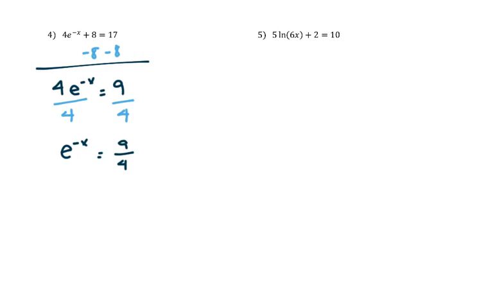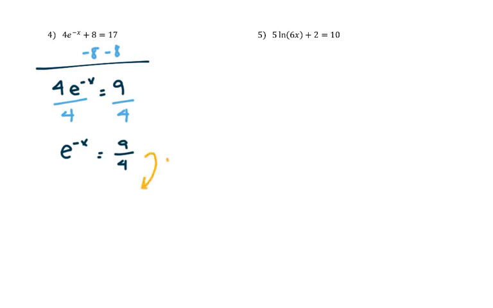All right, so now how do you get it out of an exponent? This is where you have some choices. Just like in example number 3, you could choose to take a log of both sides, or I like to always convert. I'm a huge fan of just converting it.